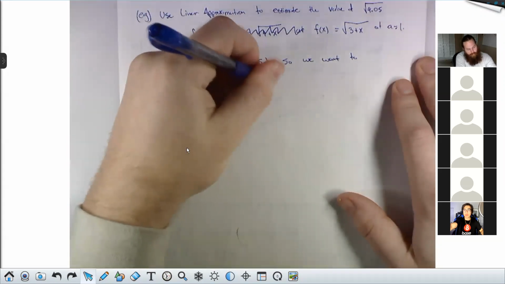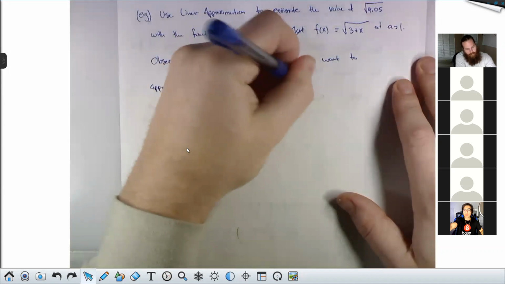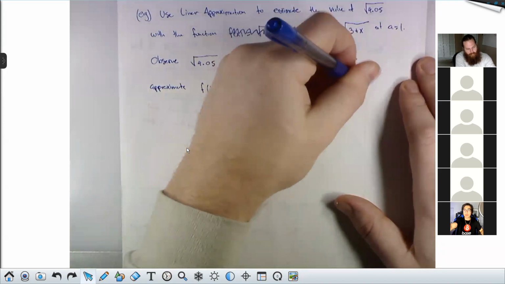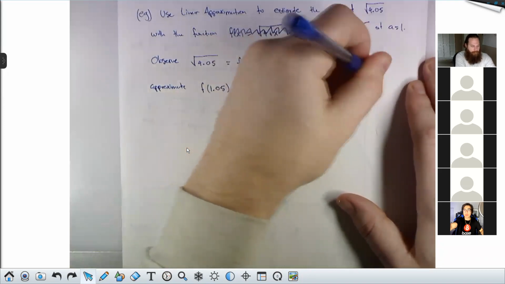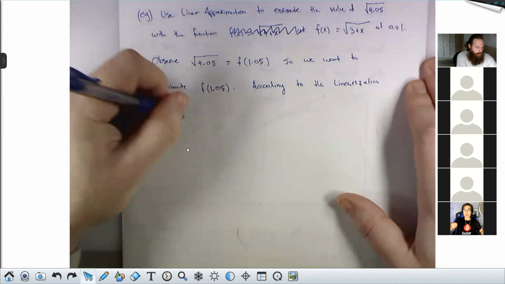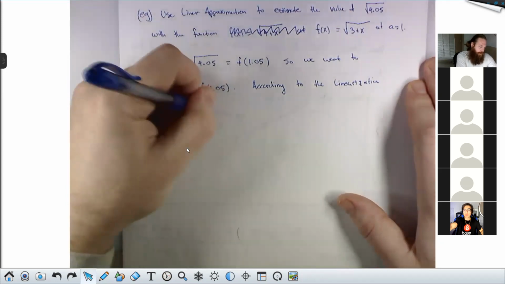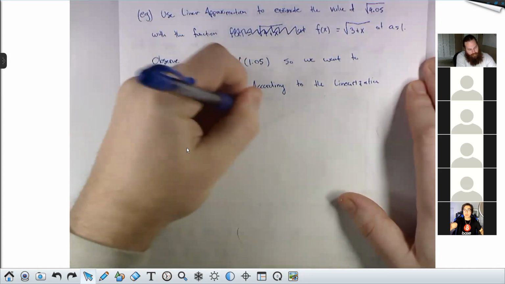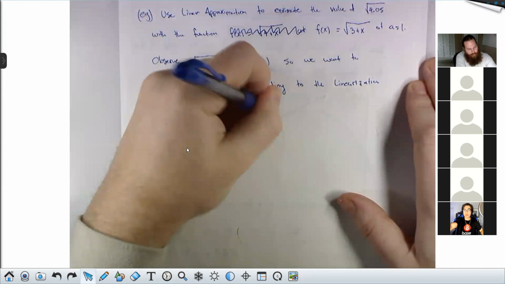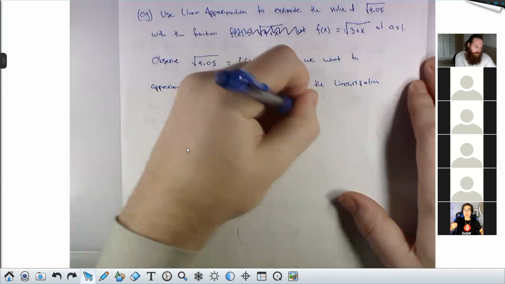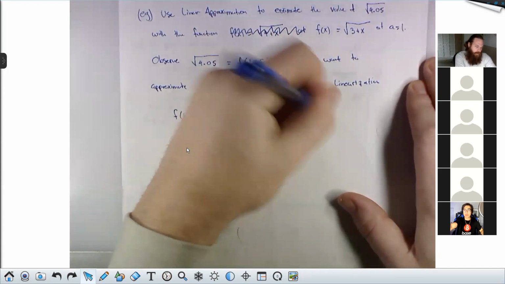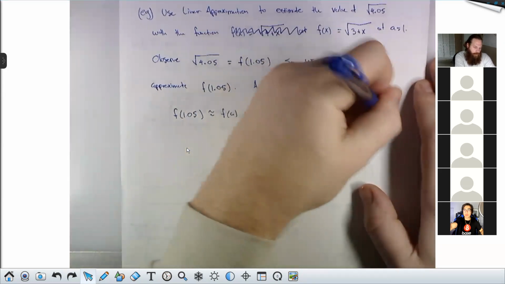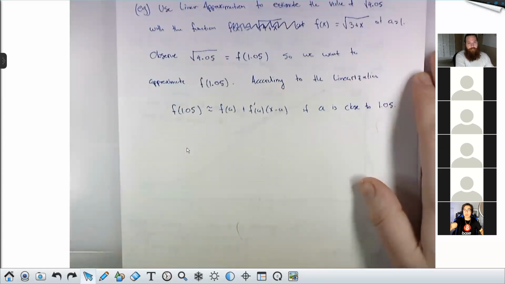According to the linearization, f of 1.05 should be approximately equal to f of a plus f primed of a times x minus a, if a is close to 1.05. Right?